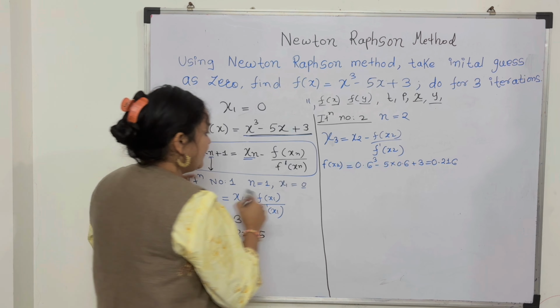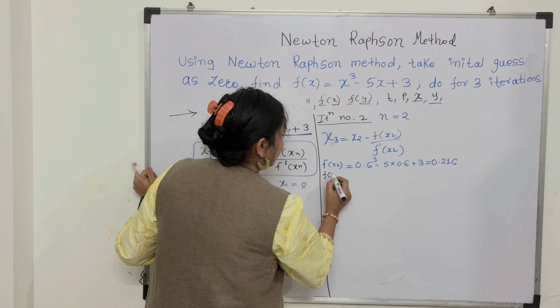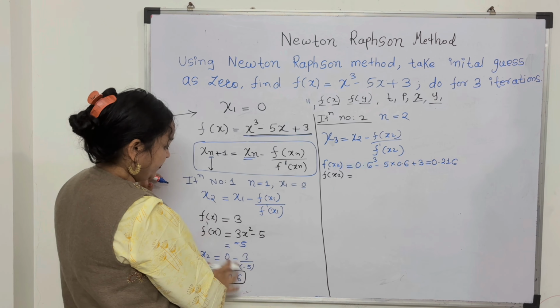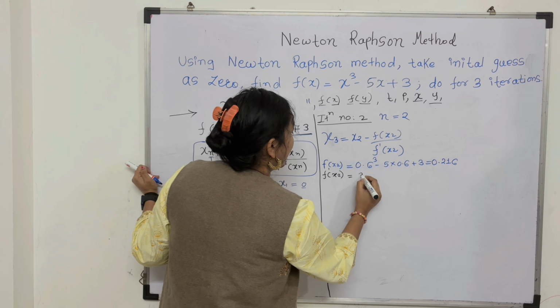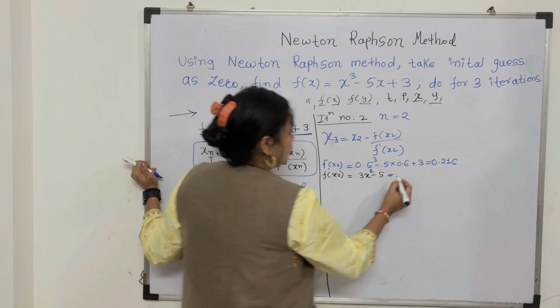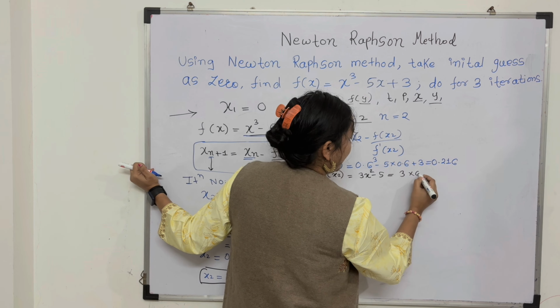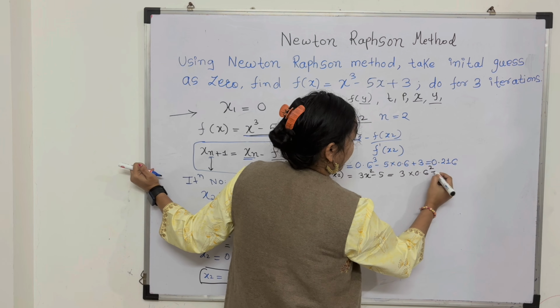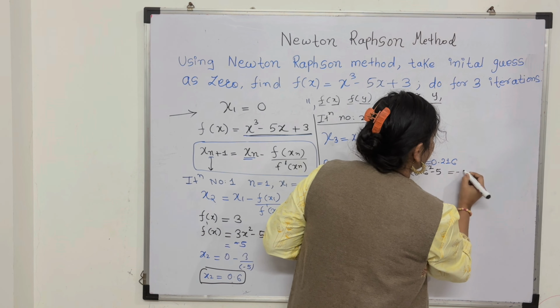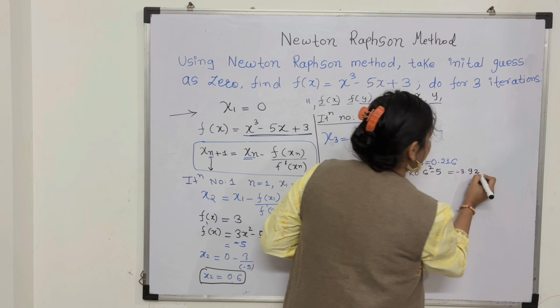Similarly, you calculate the derivative at x2, that is nothing but 3x square minus 5. So that is equal to 3 multiplied by 0.6 square minus 5. So you are getting the value minus 3.92.